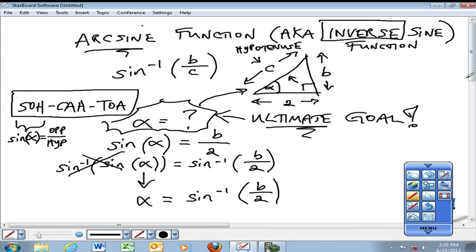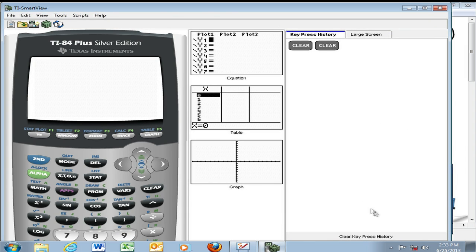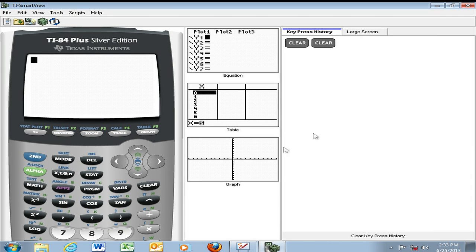Let me pull this down. All right, we've got the giant view here.